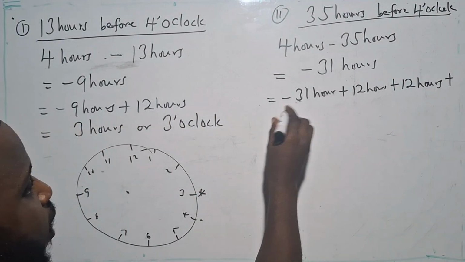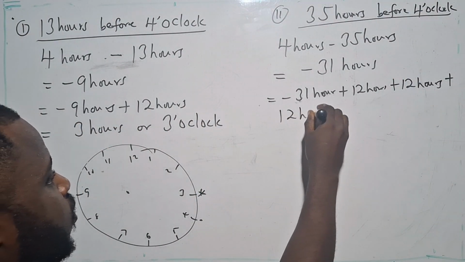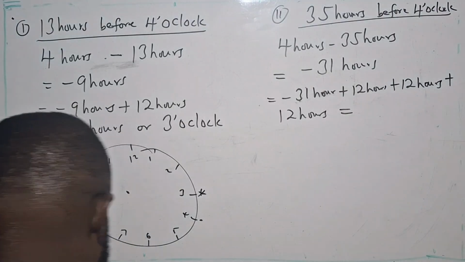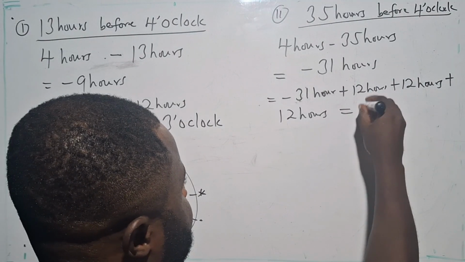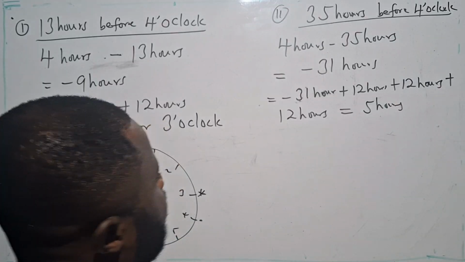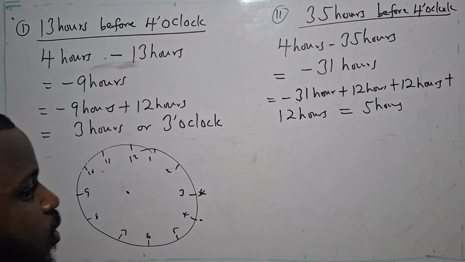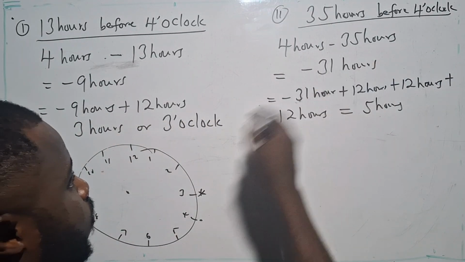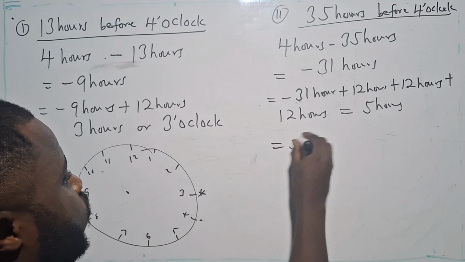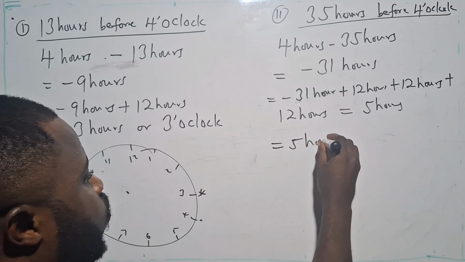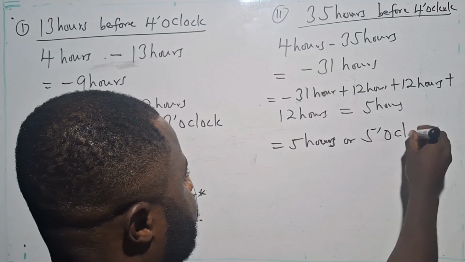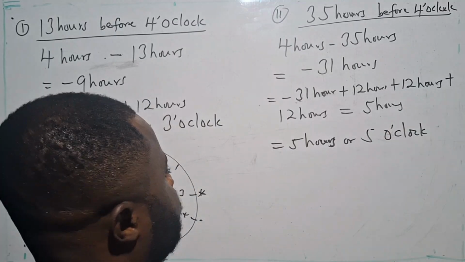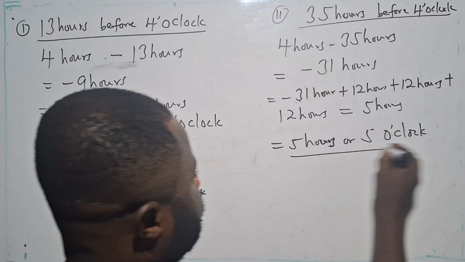So we have to add another 12 hours, which is going to give us 5 hours, which is accepted in mode 12. So it's going to be 5 hours or 5 o'clock.